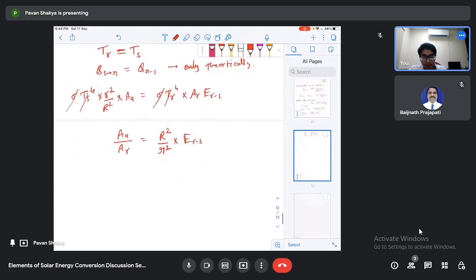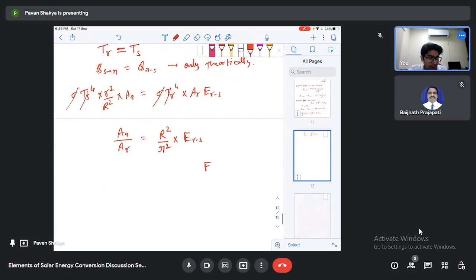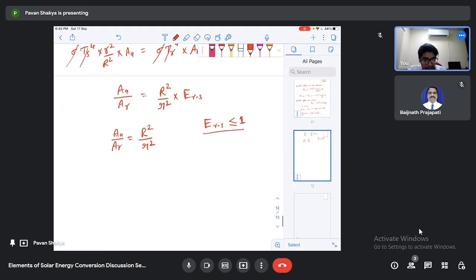Next, this E rs is the fraction of radiation coming out from the receiver to the sun. The maximum value it may take is 1, but it will always remain less than 1. So for the maximum value, we are assuming that E rs is equal to 1. So this will become equal to capital R square divided by small r square. Now we can calculate the maximum value of this concentration factor.